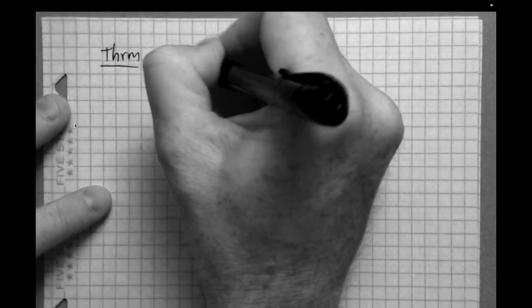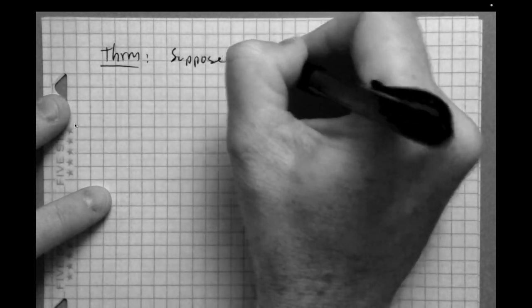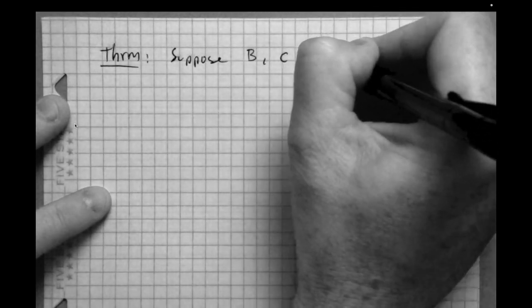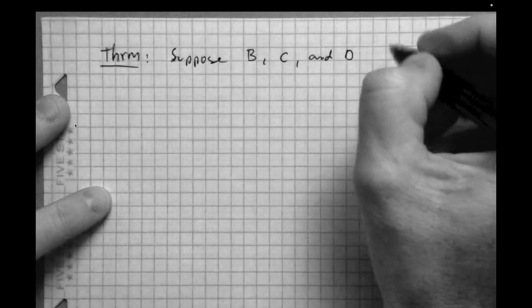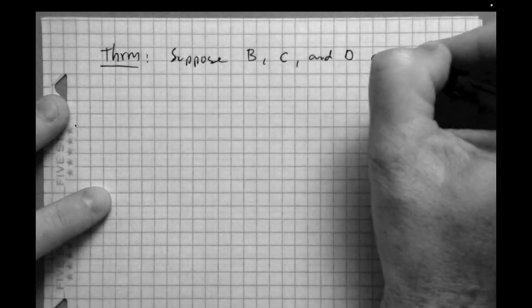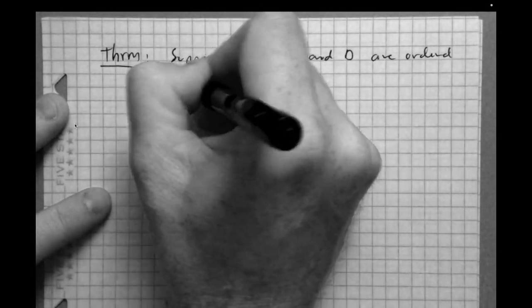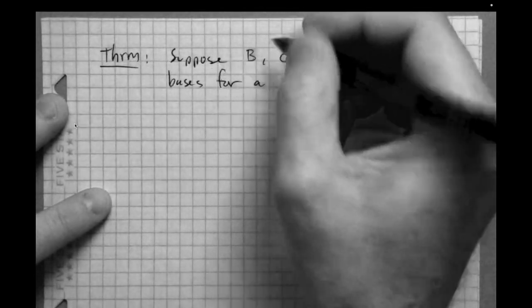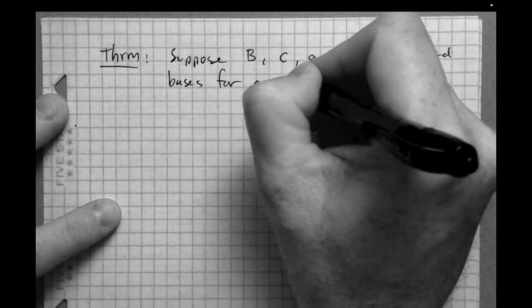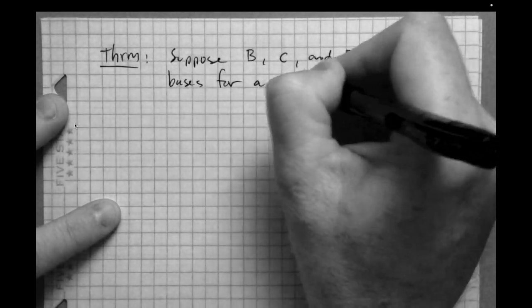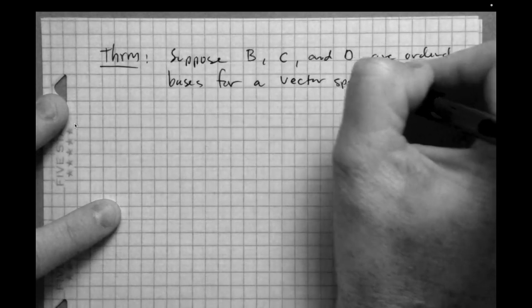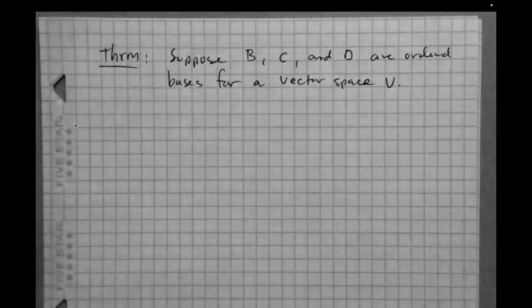So suppose B, C, and D are ordered bases for a finite dimensional vector space V. I'm just going to put for a vector space V, but know that this V is non-trivial and finite dimensional.